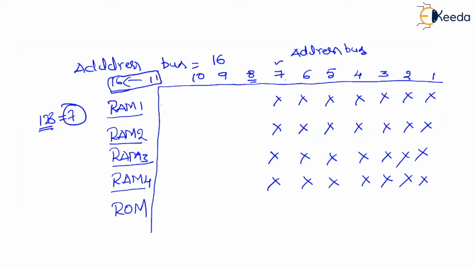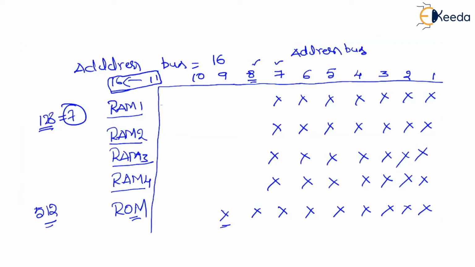1 to 7 occupied. For ROM case, what is the ROM size? The ROM size is equal to 512 words, which means that least significant 9 digits will be occupied whenever there is an address reference sent to ROM. So you can clearly see from 8th digit onwards, everything is free for RAM, 8 to 16 completely free, but for ROM, total 9 are occupied.